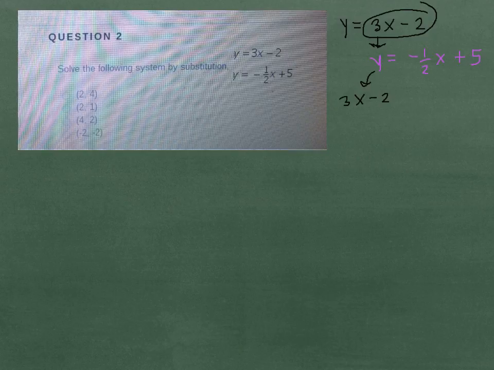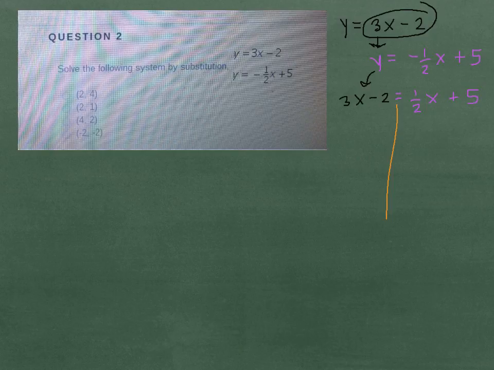And then it's going to be equals, and then I just drop everything, 1/2 x plus 5. As always, I'm going to put a line down my equal sign so that I can work out this problem. So I'm going to move the fraction.